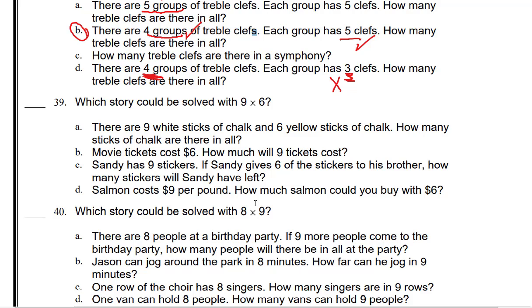There are 9 white sticks of chalk and 6 yellow sticks of chalk. How many sticks of chalk are there in all? In all, it is a plus. So the first one is plus. It's wrong. Okay, let's move to the next one.